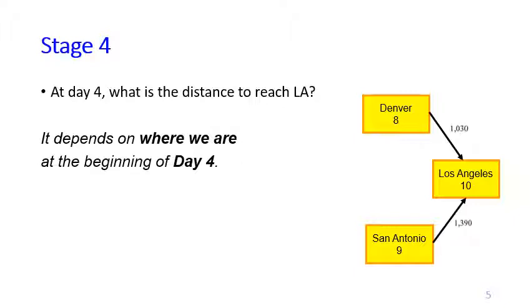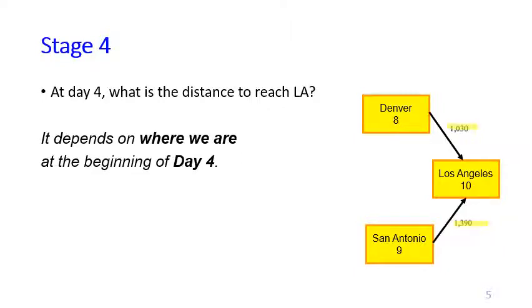You cannot say what the distance is before you know where you are at the beginning of day 4. Because if you are in Denver, then the remaining distance to reach Los Angeles is 1,030 miles. But if you are in San Antonio at the beginning of day 4, then the remaining distance is 1,390 miles. So to answer that question, it really depends on the information about where we are at the beginning of day 4. Okay.